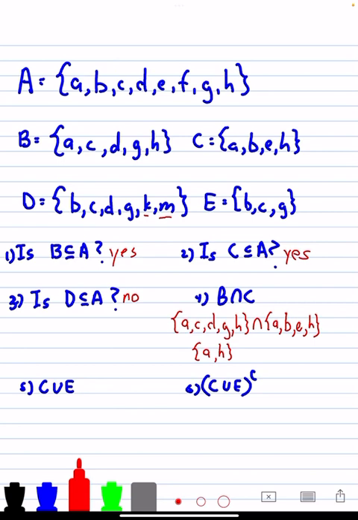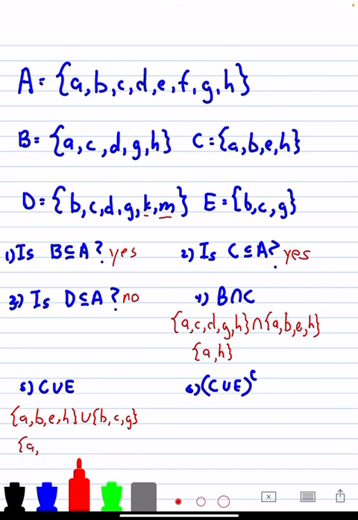So let's look at this. We have, for set C, A, B, E, and H. And for E, we have B, C, and G. So now for the union, I'm going to put all these together.